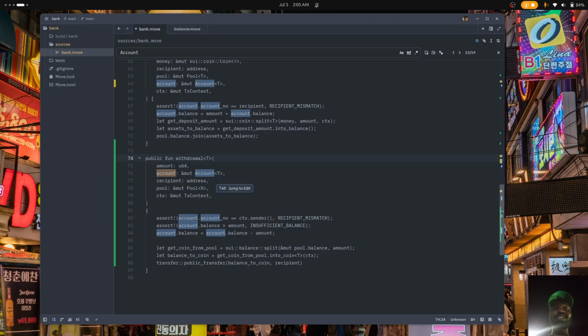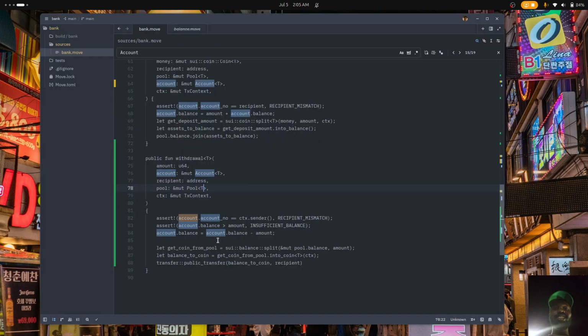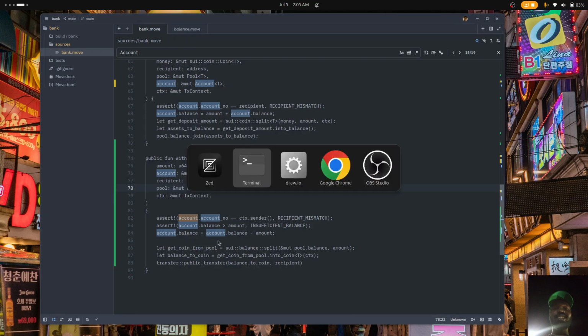So we're not doing this, we have to keep it consistent. So this has to be T as it is here. So I'm going to build again. I needed it to fail one more time, so then that one is okay, it didn't fail. Cool. So this implies that if you're making a withdrawal, the account you're withdrawing against has to be of the same type, meaning the account of a currency has to be interacting with the same currency of pool or treasury.